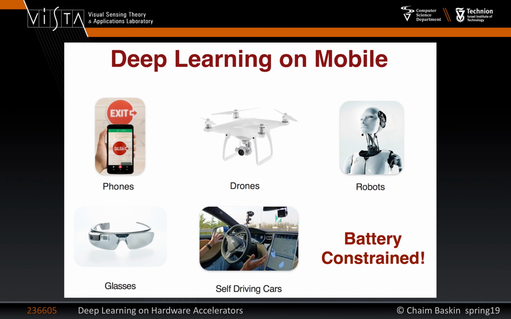So deep learning is everywhere. For deploying algorithms when we have a limit of power, or a battery constraint, like in phones, drones, robots, glasses, autonomous vehicles, we should be aware of how much power our networks consume.